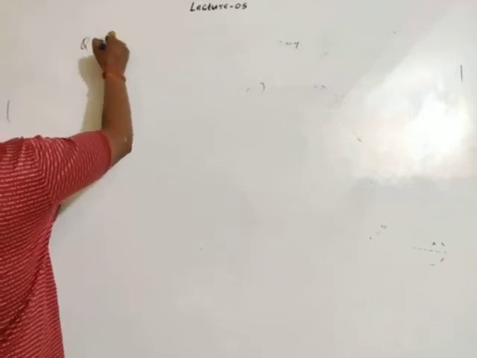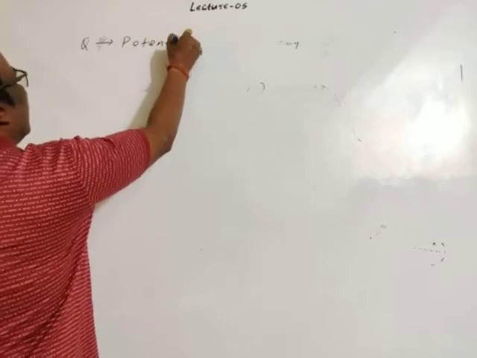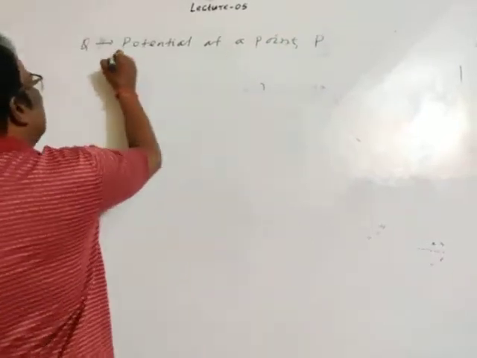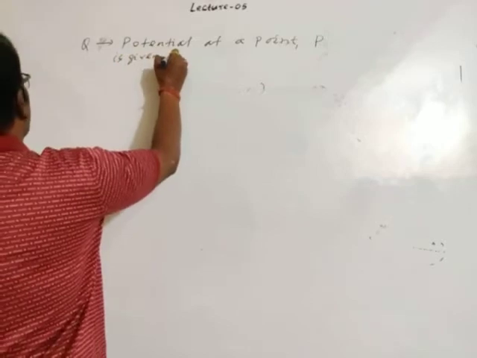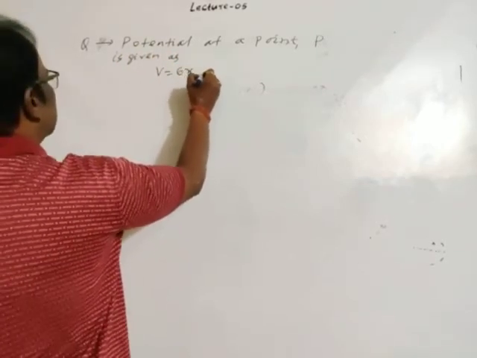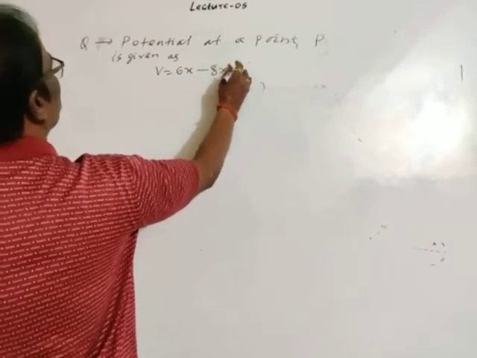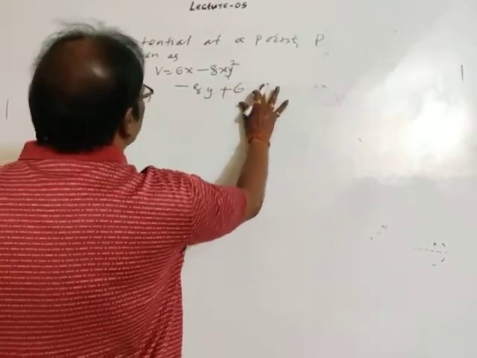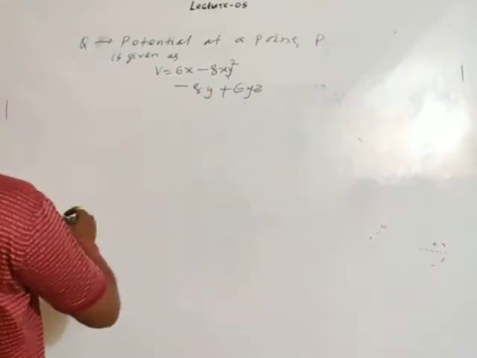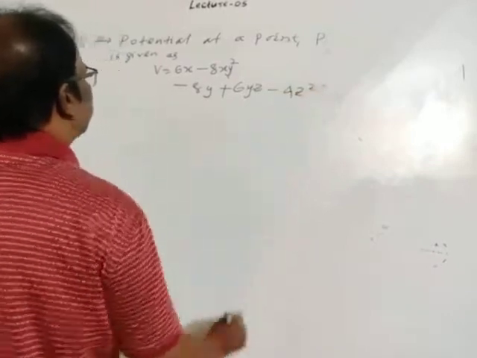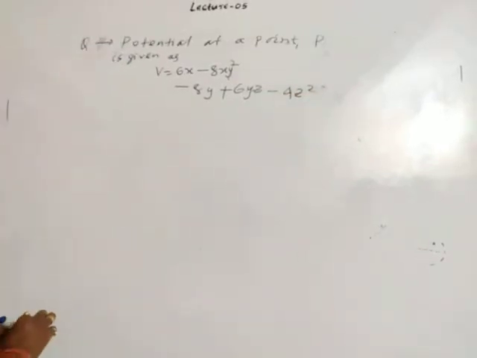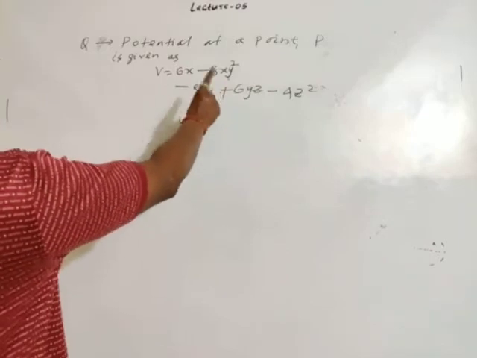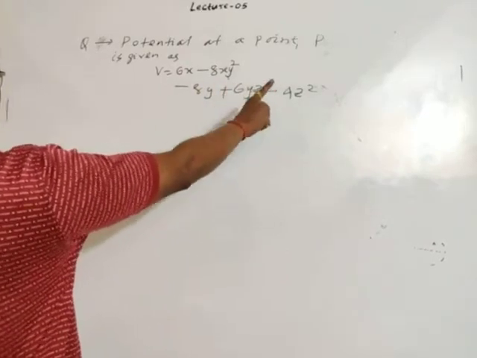Next question. Potential at any point P is given as V is equal to 6x minus 8xy square minus 8y plus 6yz minus 4z square.